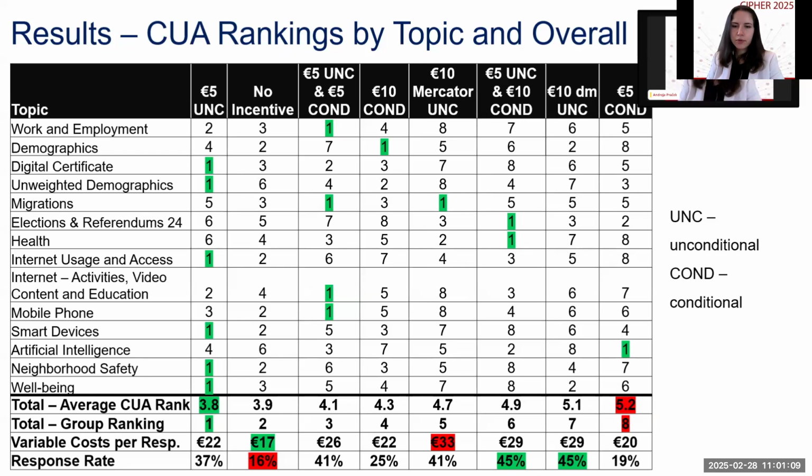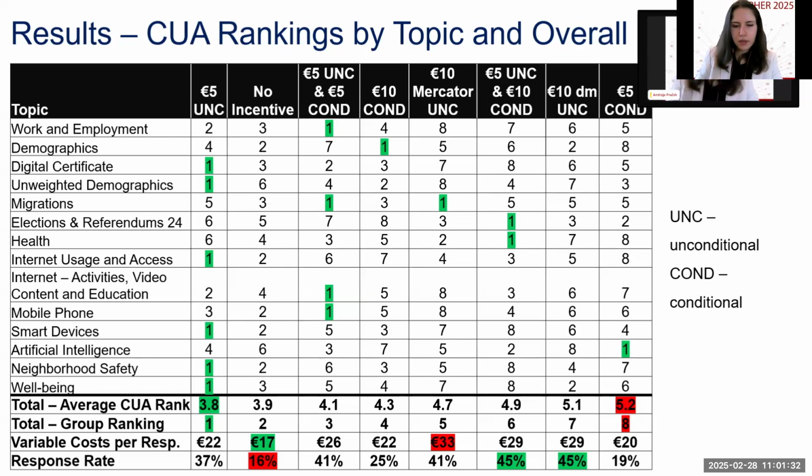And it also has the most wins in specific topics, 6 in total, including digital certificate, unweighted demographics, and so on. The no incentive group comes very close to the first with 3.9 average rank, although it didn't win any specific topics.